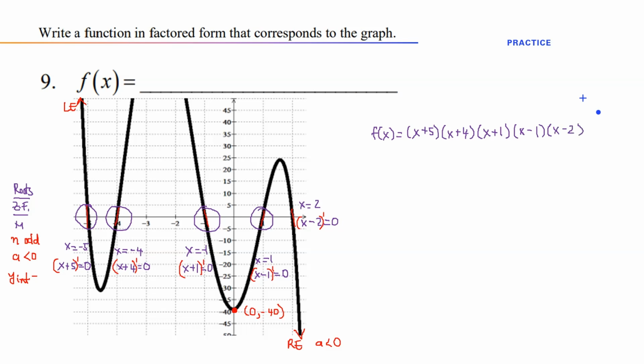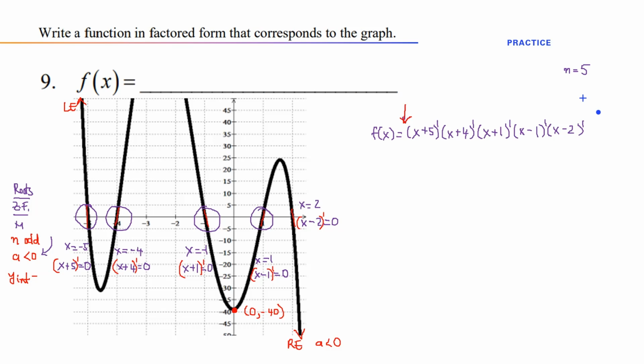Okay, and we count 1, 2, 3, 4, 5. So n equals 5 in this case. We said that a is negative, right? But let's check in case we forgot a is negative and where the a position is, right here in front of the highest degree.